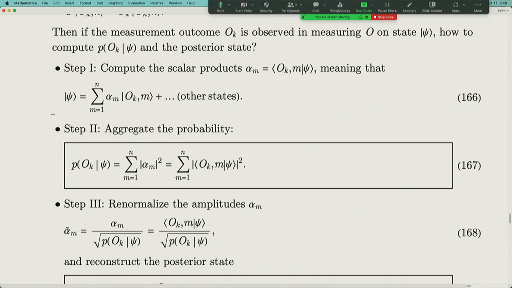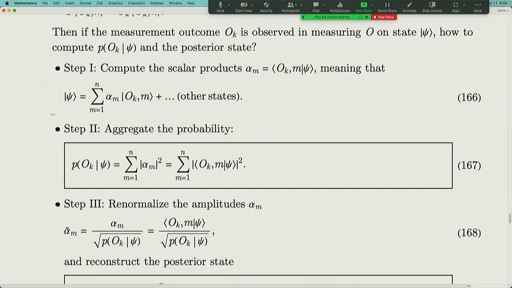This is basically the idea that if there are multiple eigenstates corresponding to the same eigenvalue, then in order to observe that eigenvalue, you have multiple possibilities, right? You need to sum them together. So that's the total contribution to the probability of observing that particular eigenvalue. But after observation, the state needs to collapse, or another way of saying it, you need to update your belief about the state in your mind.